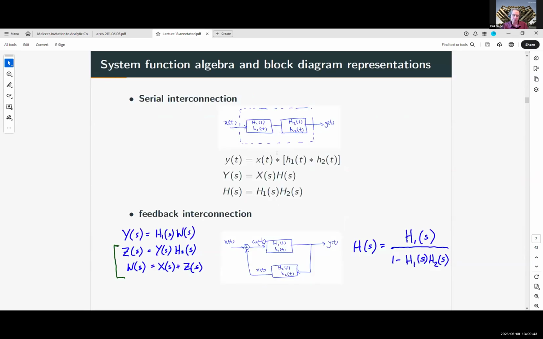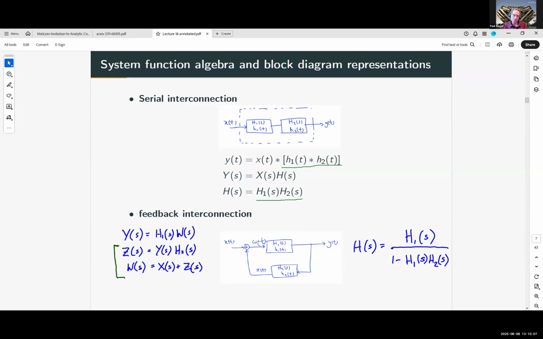And then for the serial concatenation, just using properties of the convolution, you can derive the overall impulse response, which is going to be the convolution of the component impulse responses, and the overall transfer function, which is the product.